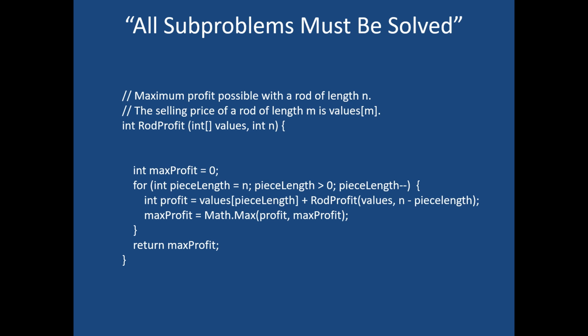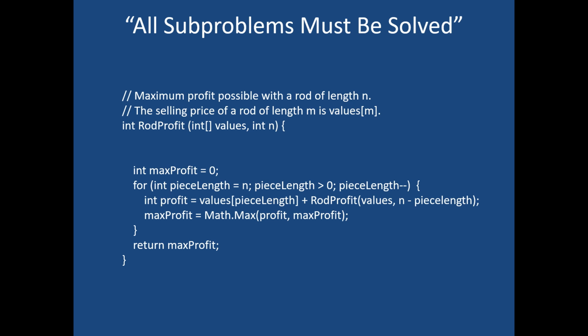Don't you fill in the table first? No, we fill in the table as we compute. That's going to be a lookup to the previous entry in the table. So this would be where you look up in the table. Instead of making a recursive call to find out the best you can do with the remaining piece of rod, you just look up the answer in the table.